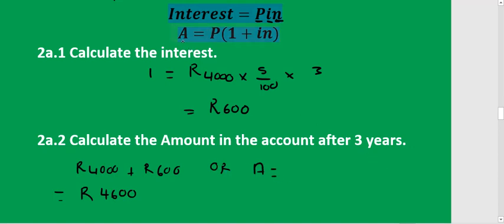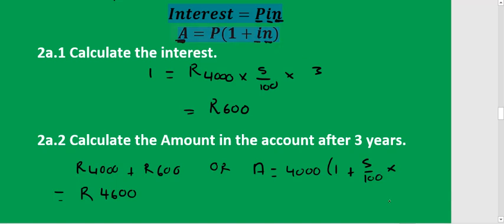Or alternatively, we could have used the formula to calculate the total amount in the account after 3 years. Remember, this formula is when we want to calculate the total amount, including interest, okay? So, of course, he started off with 4,000. And the interest rate we know was 5%, so that's 5 over 100.